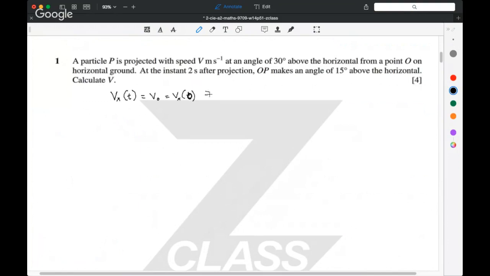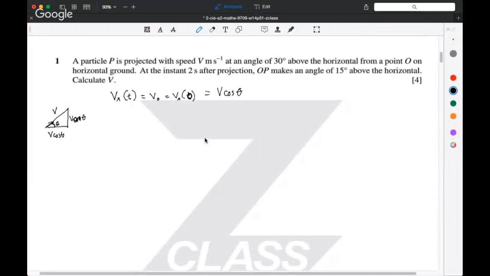So if we think of our particle being projected like so, at this instant there's some angle theta that it makes with the ground, and the hypotenuse of this is V, big V. Therefore, the x component must be V cosine theta, and the y component, V sine theta. So our initial x value, which is the same as our x velocity for all time, is big V cosine theta, and that does not change.